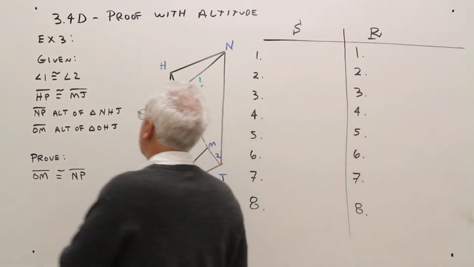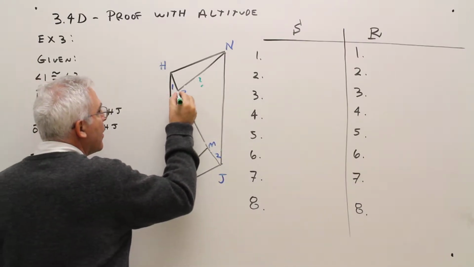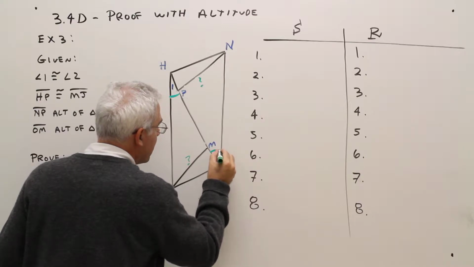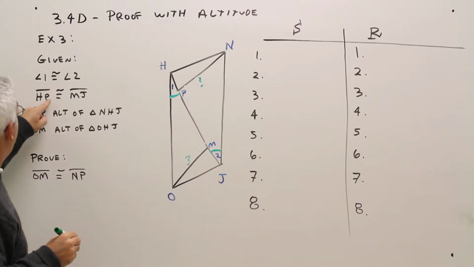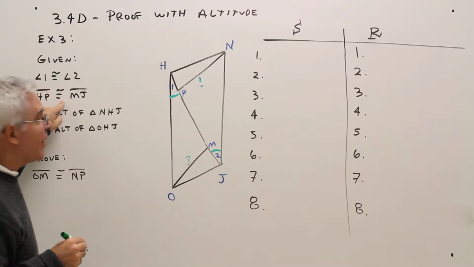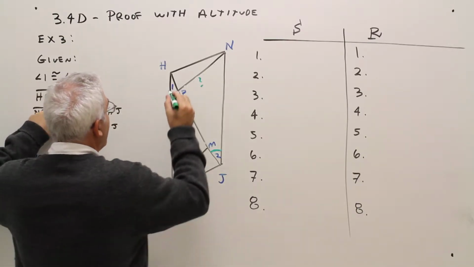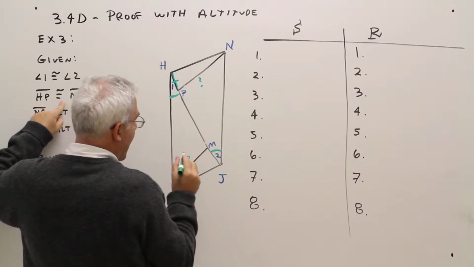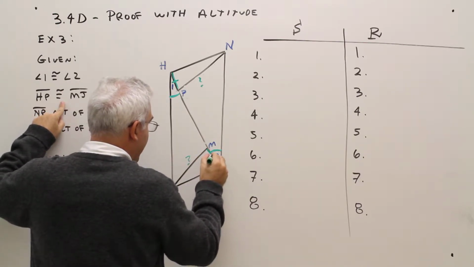Given angle 1 is congruent to angle 2. HP is congruent to MJ. So HP is this little chunk here, is congruent to MJ, that little chunk there.